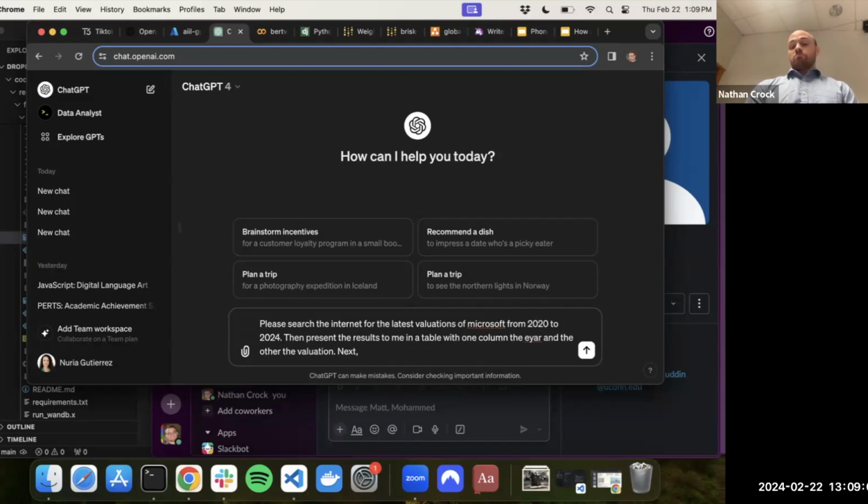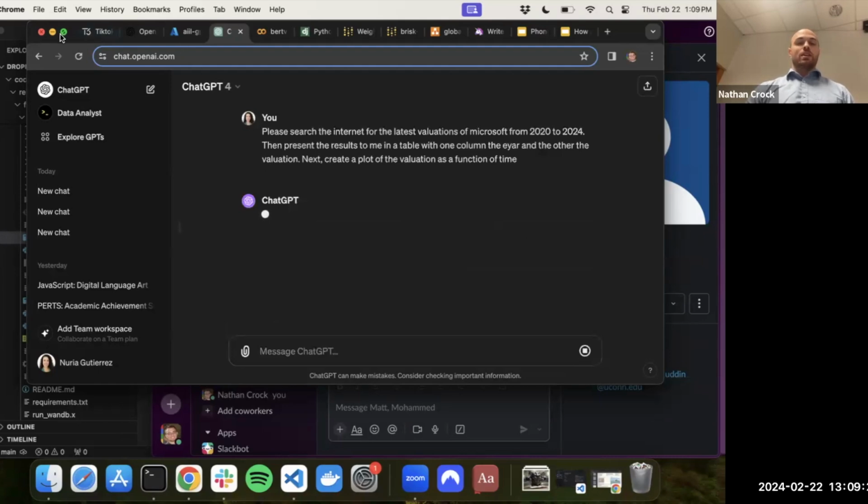Next, create a plot of the valuation as a function of time. Okay, and I'm going to leave that typo in there because it's smart enough to know what I'm saying anyways.